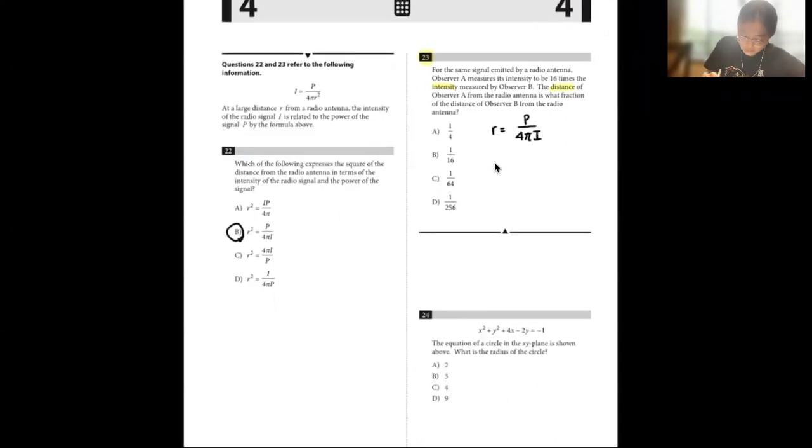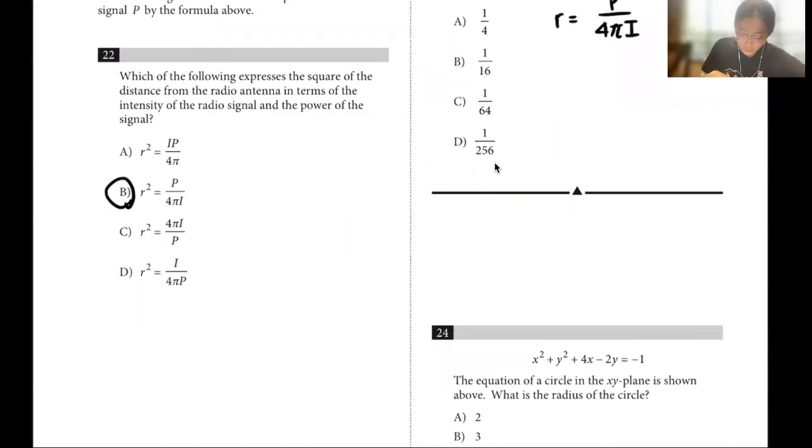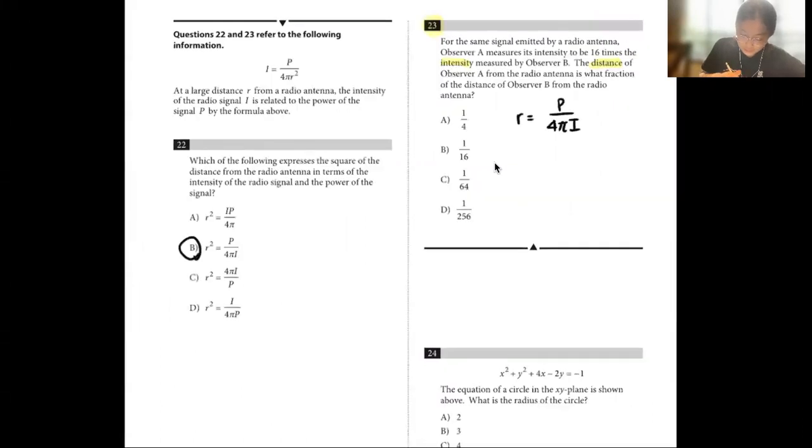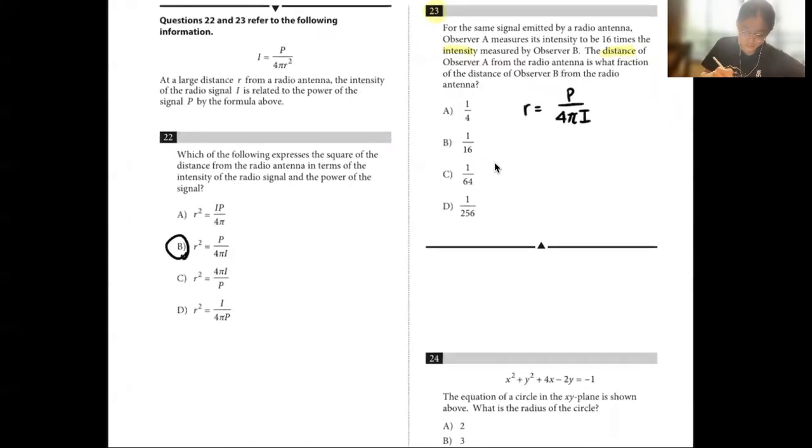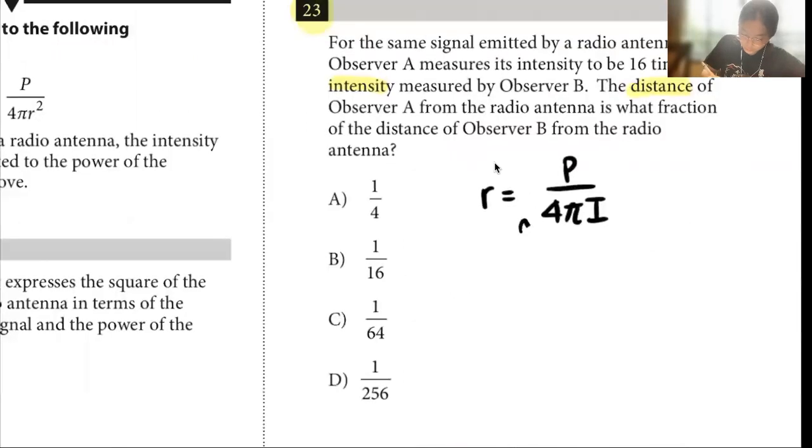And it's written so that it's R squared, meaning it's not the expression for the distance yet. You need to have the whole square root on it if you want to calculate the distance.